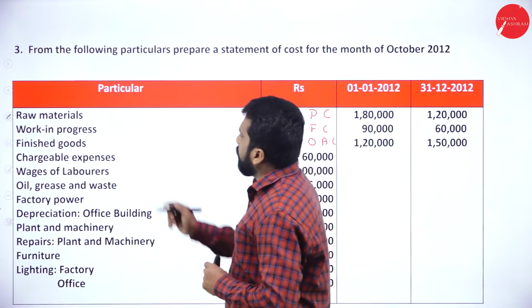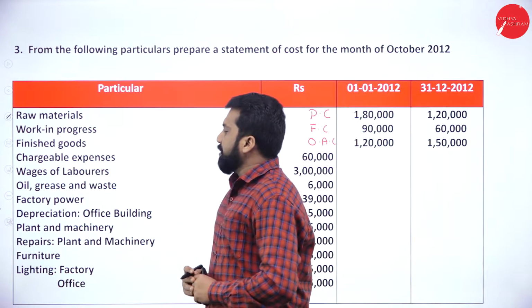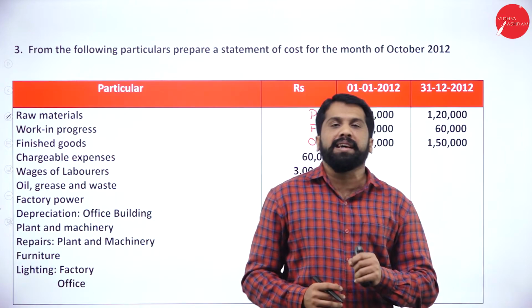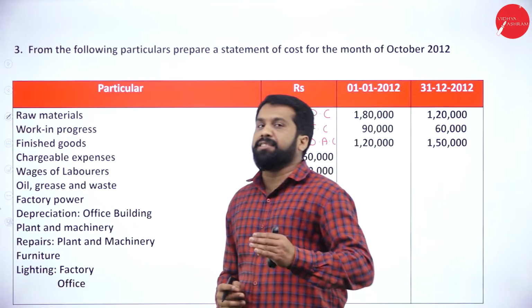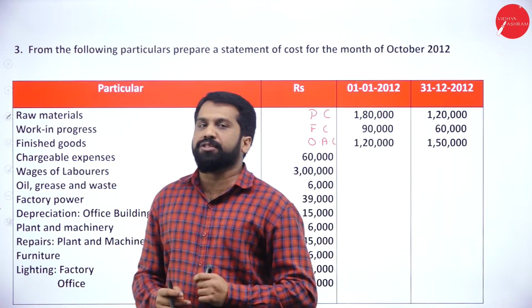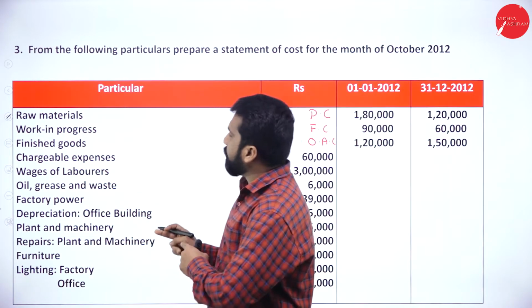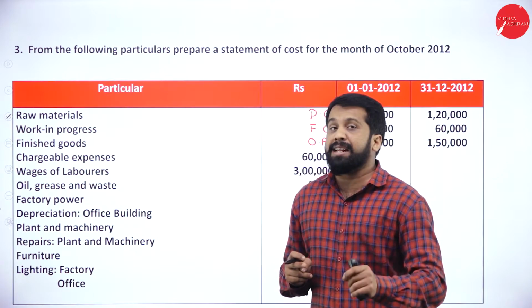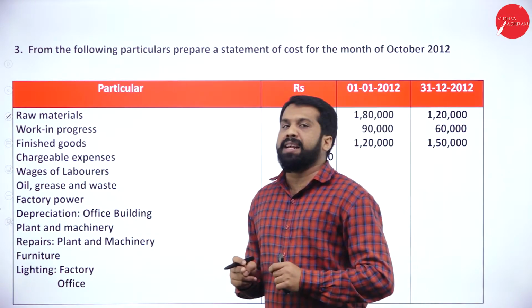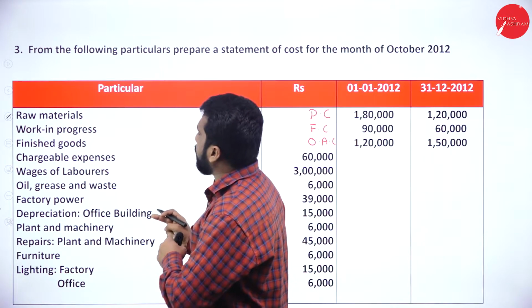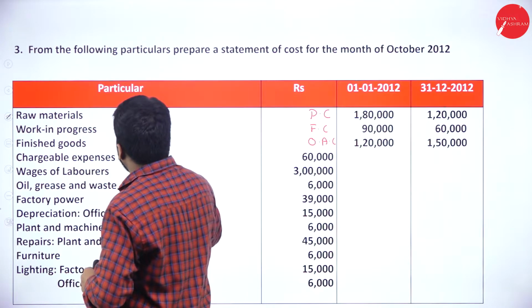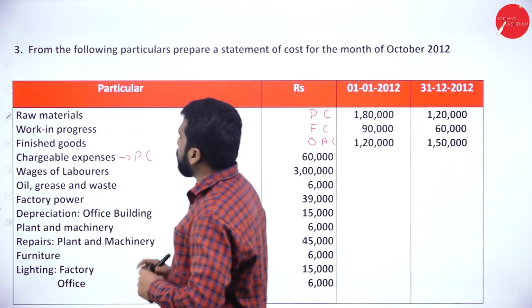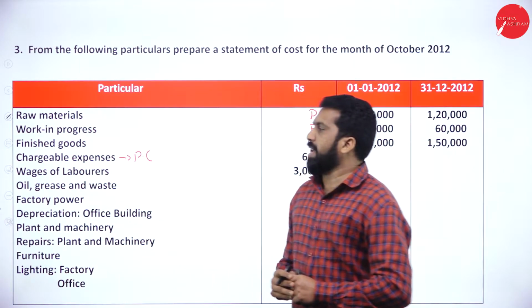Next you have chargeable expenses. As I told you, chargeable expenses means direct expenses which are directly chargeable to production. So remember, chargeable expenses means direct expenses. All direct expenses will come under prime cost. Next, wages of laborers.